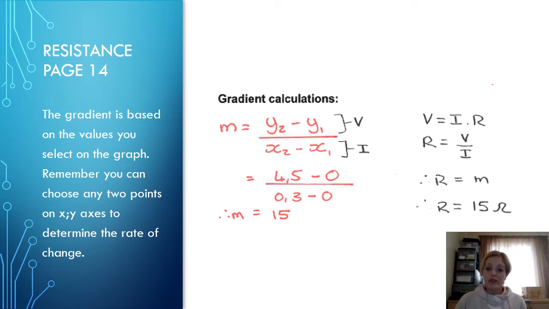This will take practice for you guys, but as long as you remember the formula and you remember the key points, which is difference in Y over difference in X, choosing any 2 points, you will be fine. Okay, let's carry on to the next slide.